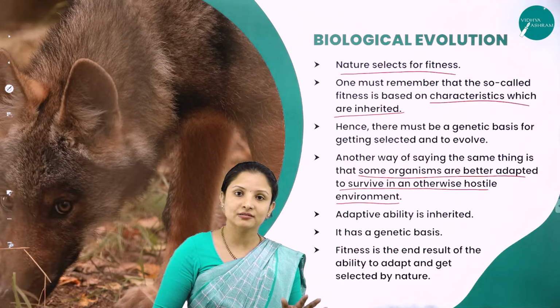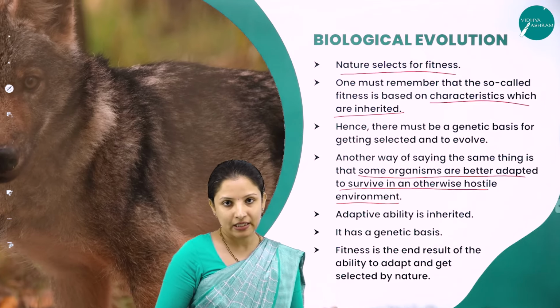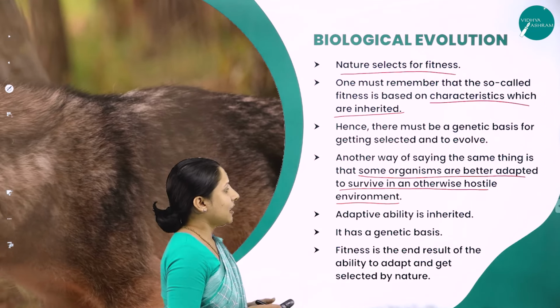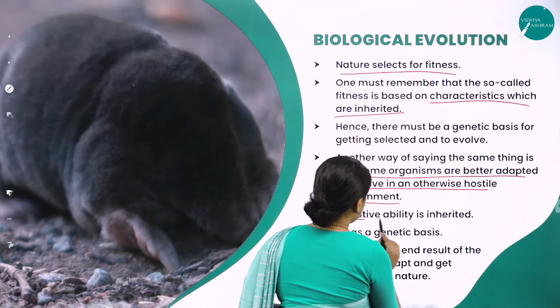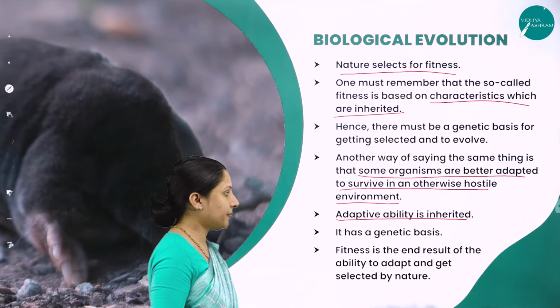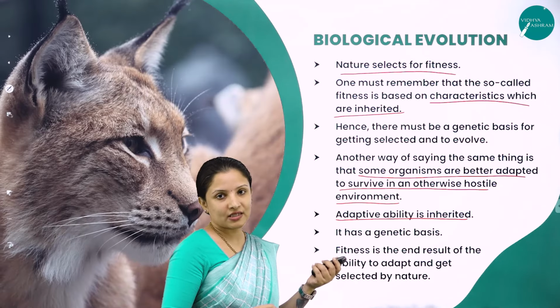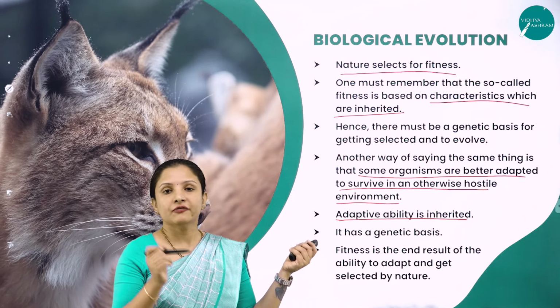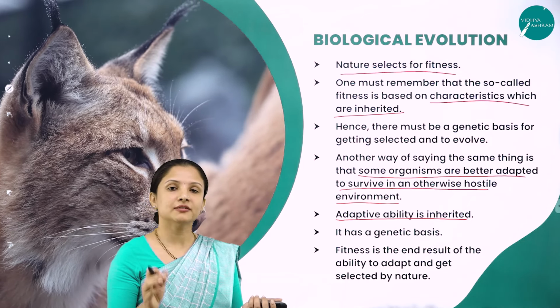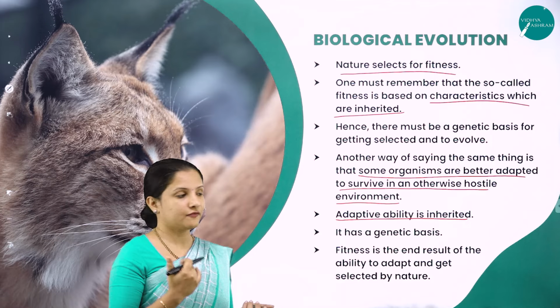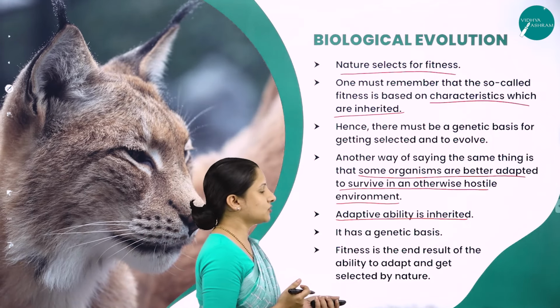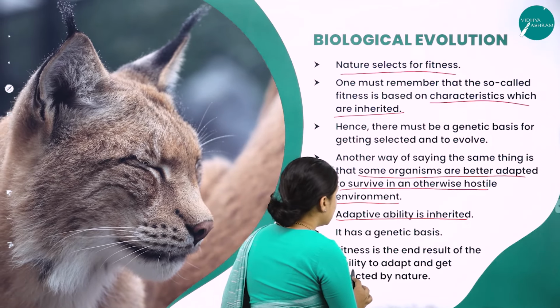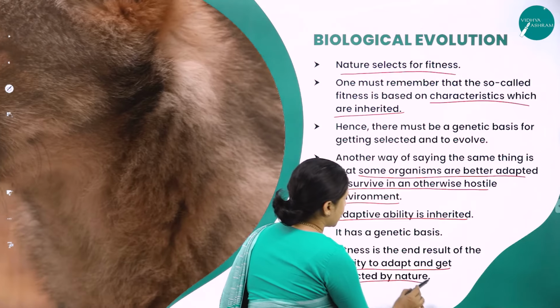Those organisms are also selected by nature, and their adaptive ability is inherited from the parents again, and all these have a genetic basis. So the fitness of an organism depends on the genes that they inherit from the parents. Fitness is always the end result of the ability to adapt and get selected by nature.